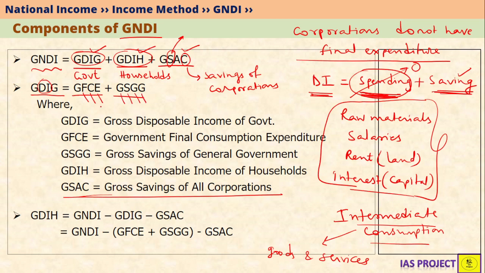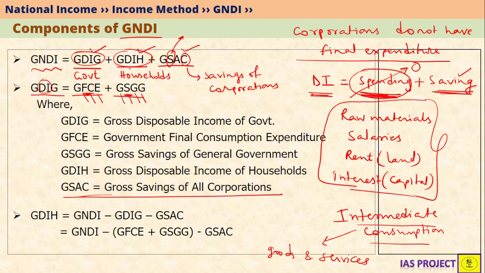For the purposes of examination, you don't need to remember the term exactly, but you need to understand the concept that disposable income is nothing but final consumption plus saving. So in case of government disposable income, it will be government's final consumption plus government savings.